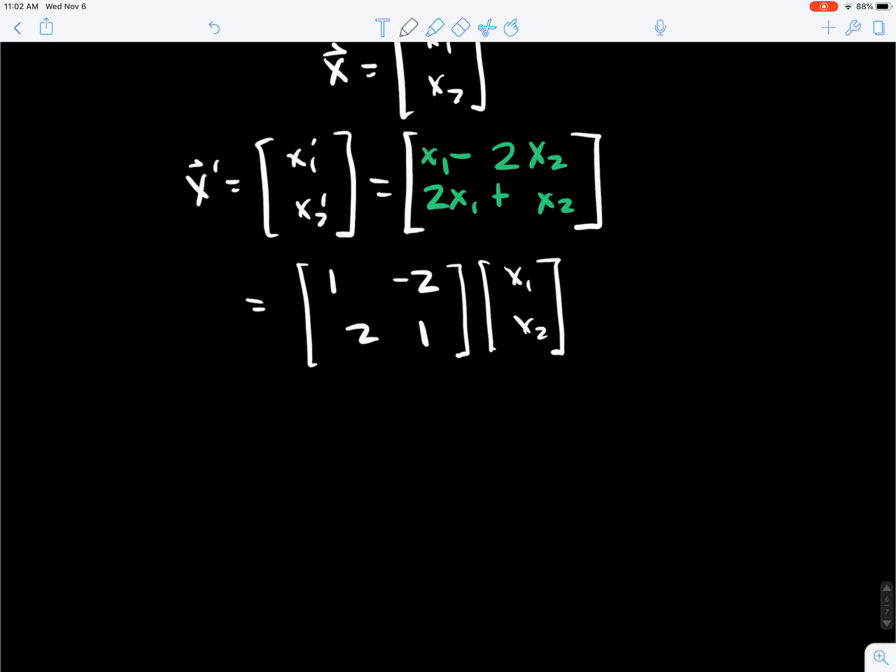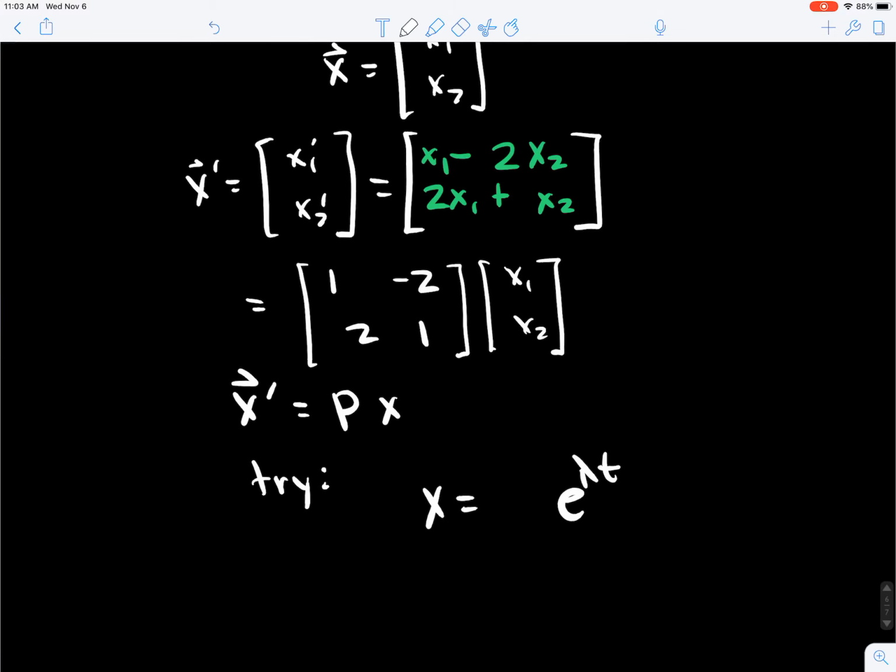So now we have something of this form. We have the derivative of x equals a matrix P times the vector x. This should look familiar. If you erase these vectors and pretend that P is just a constant and x is a variable, one of the ways you would solve this back in the day, not too long ago, is you would try the solution x equals e to the lambda t.